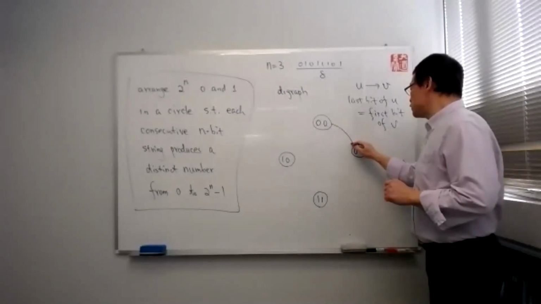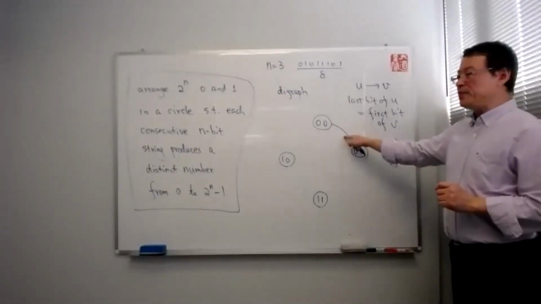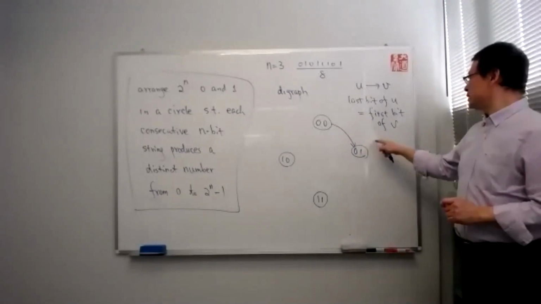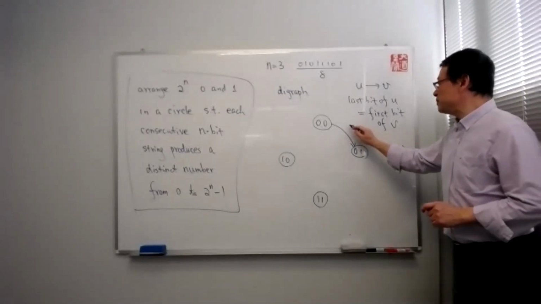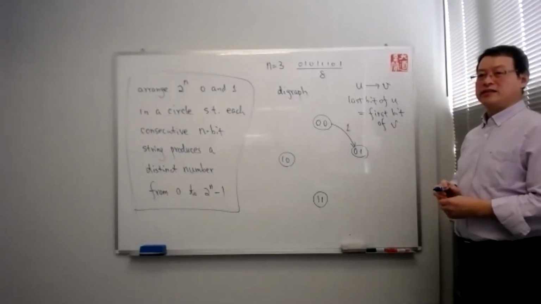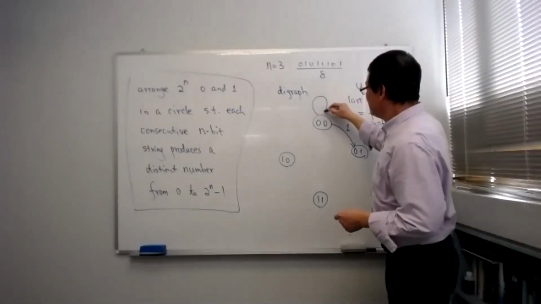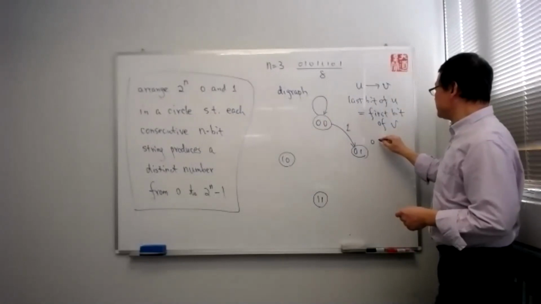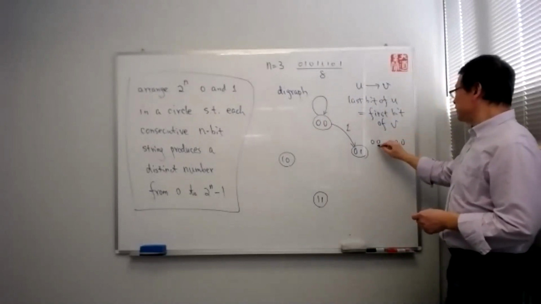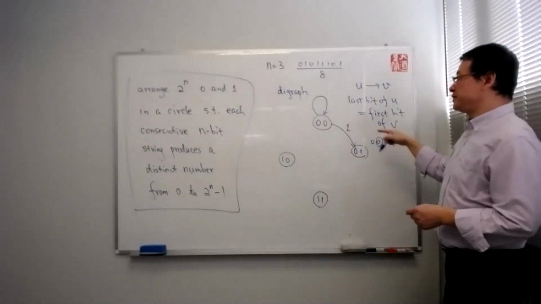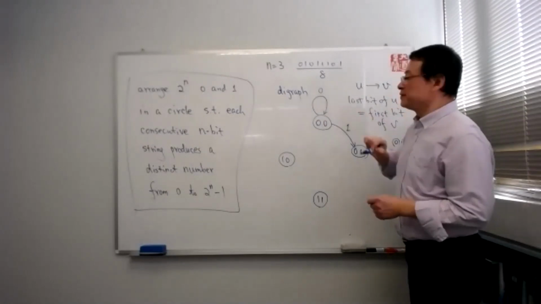Here I will have an edge, and this edge will be labeled with the last bit of V. So here will be labeled by 1. This one we have a loop, 0, 0, because 0, 0, 0, 0. So this one is the same as this one, and this one will be labeled by 0.